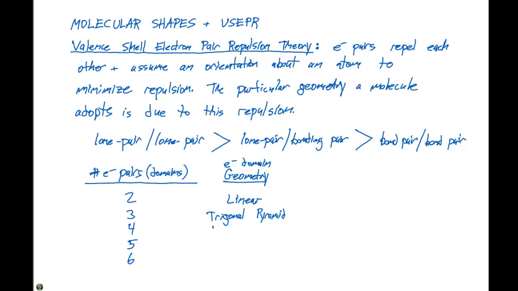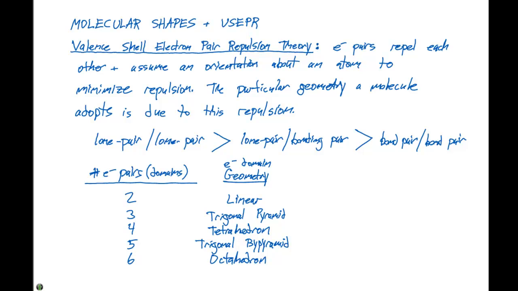If we have 4 pairs, we have a tetrahedron. If we have 5 pairs, we have a trigonal bipyramid. And if we have 6 pairs, we have an octahedron.